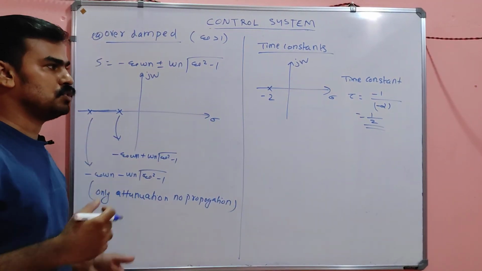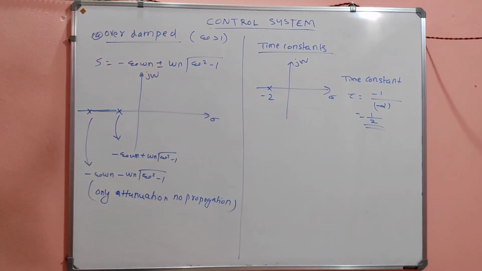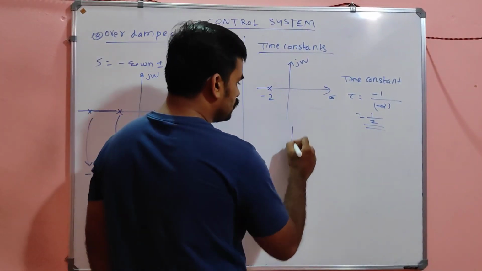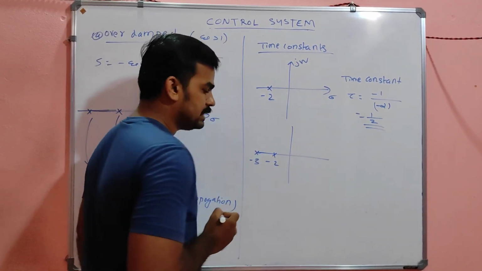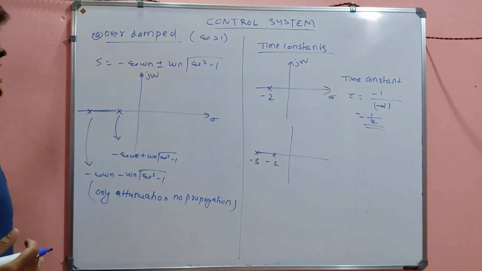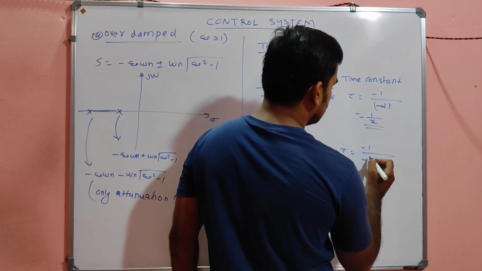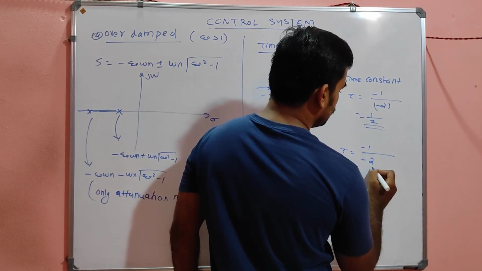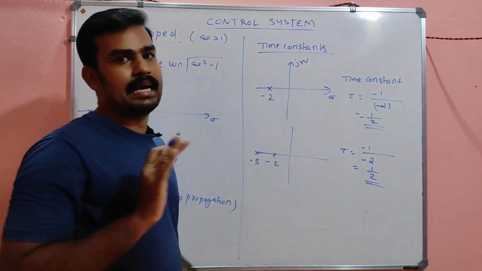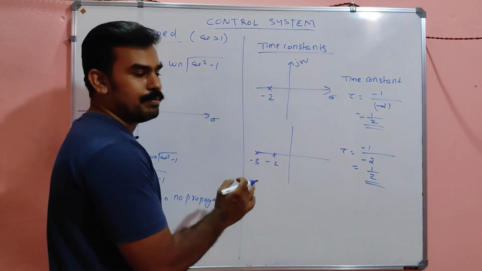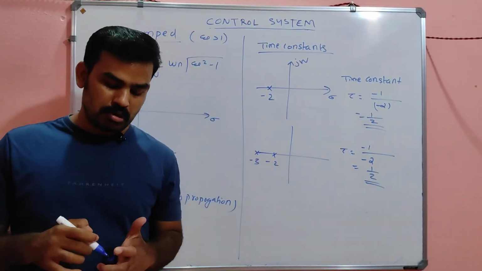Minus 1 by minus 2, simply 1 by 2. That is the time constant concept. So if there are 2 poles, one is minus 2 and another is minus 3, then the time constant tau will be equal to simply 1 by 2. That means consider only the pole which is near to the imaginary axis, not the away pole. The nearmost pole to the imaginary axis will constitute the time constant.